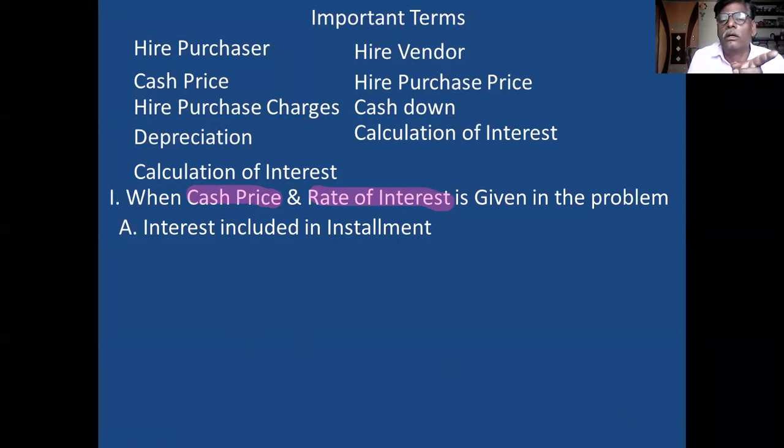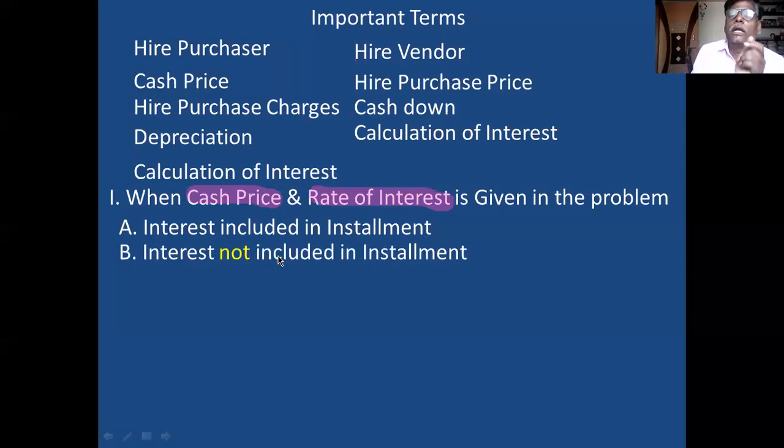Remember this. What happens here? Total payments made is more than cash price. That is called interest included in installment. Second point, interest not included in the installment.